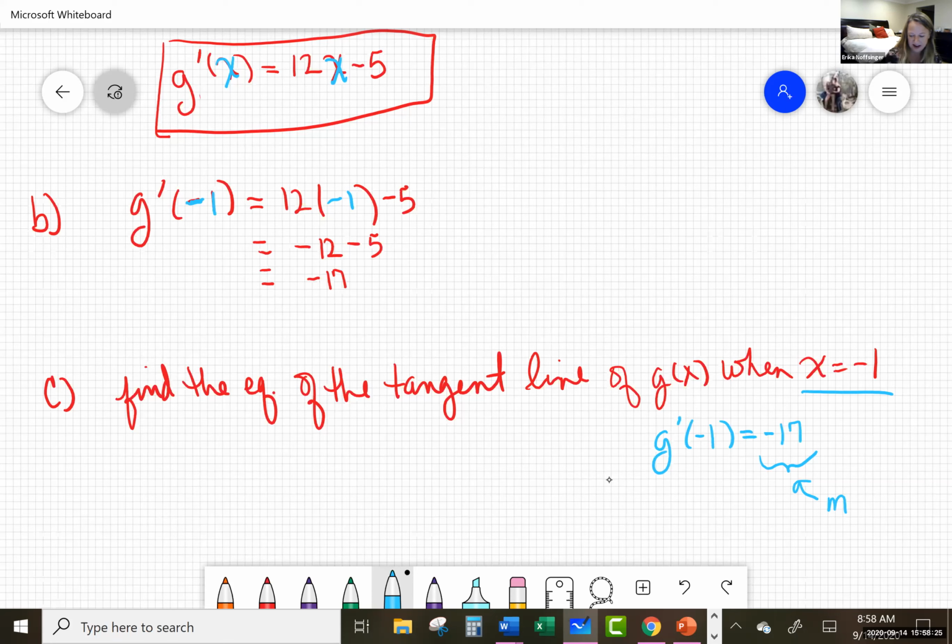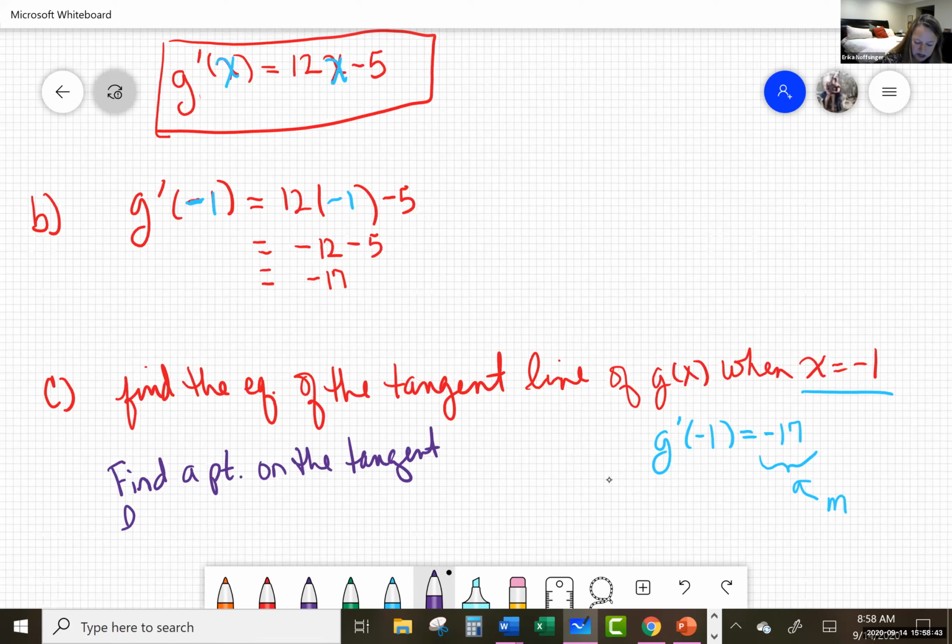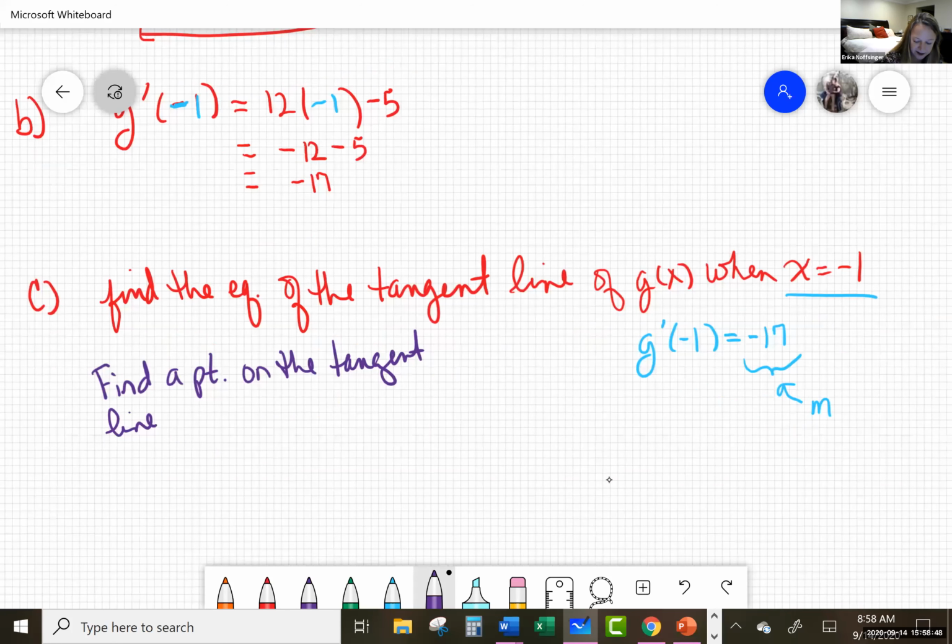And then we need to find a point on the line. Well, the point on the tangent line is going to be the point on the graph. So in our case, when x is -1, you're going to look at g of -1.